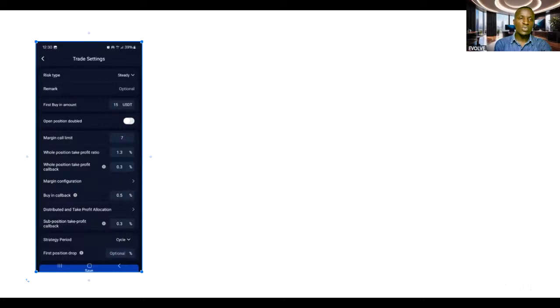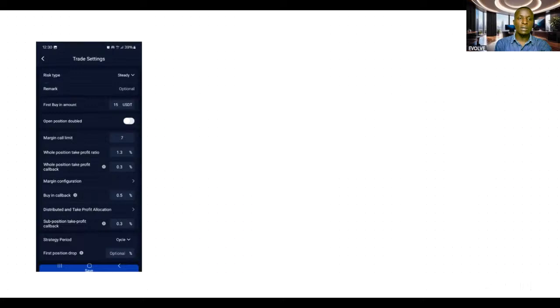On this trade setting page, we start by seeing on top here what we call the risk type. And I think this may end up becoming our major topic, looking at the time. This is why I'm not waiting for people.